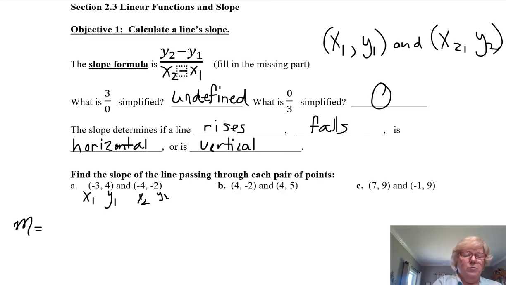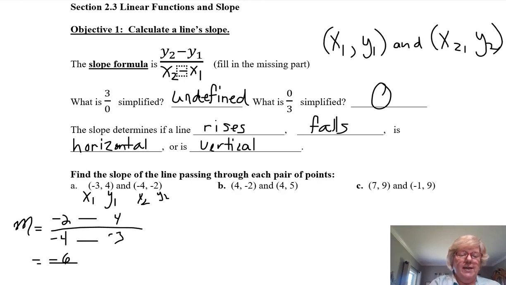So slope is equal to, we take the y2, which is -1, and we subtract the y1, which is 4. We take the x2, which is -4, and we subtract the x1, which is -3, and we'll work that out. What we get is -6 on top.